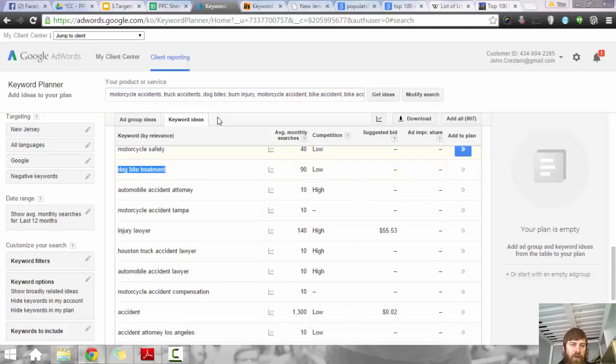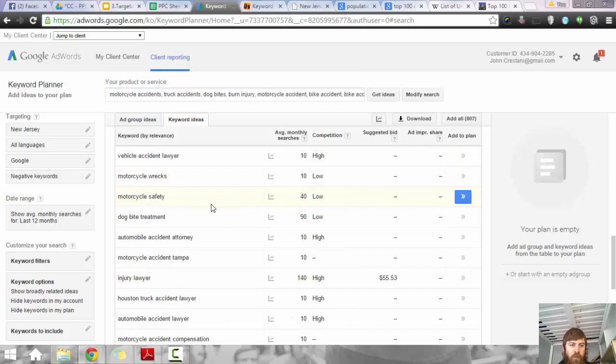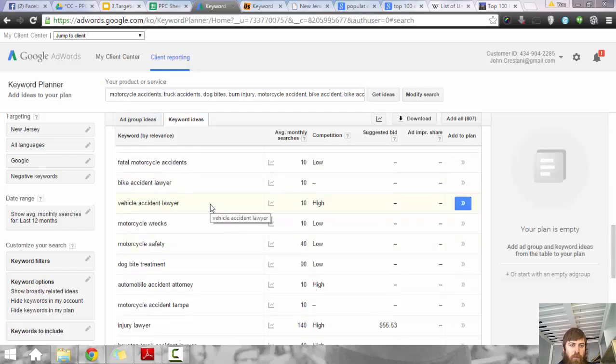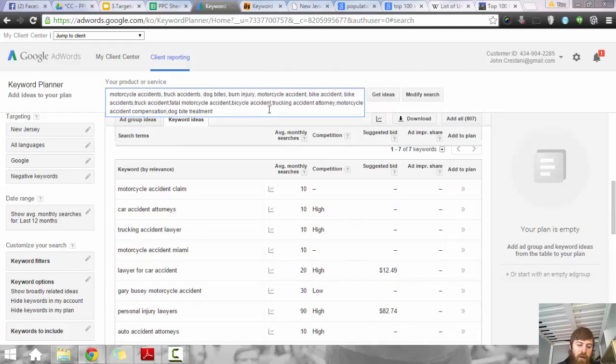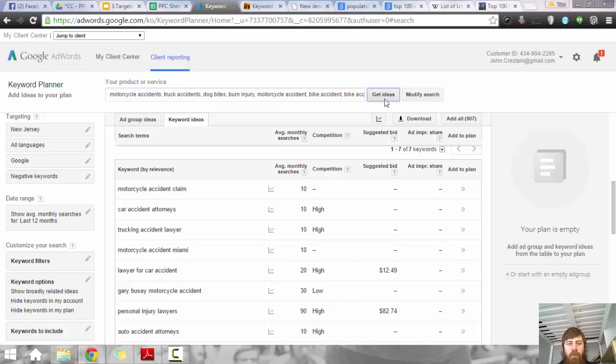Dog bite treatment, there's a good one. Accident. So we'll see if we have a lawyer for car accident.